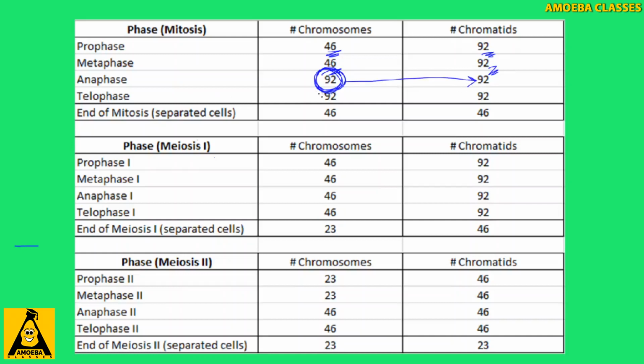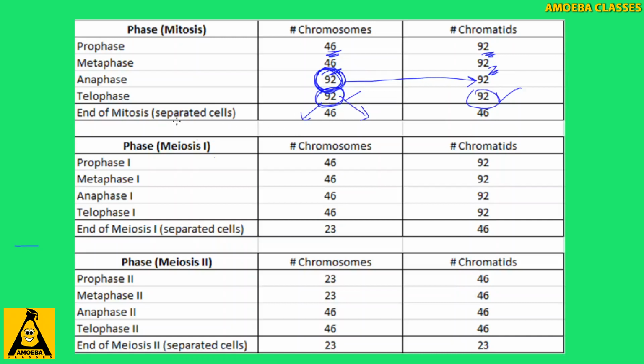In the telophase, because it is a nuclear division, the cytoplasm has not yet divided, so the same 92 chromosomes and 92 chromatids. But as soon as mitosis ends, cytokinesis takes place, the cytoplasm divides, and these 92 chromosomes are divided into separate cells.